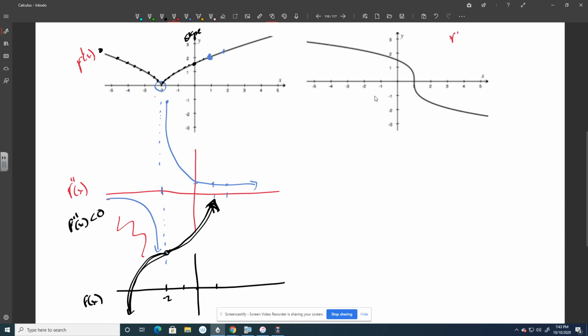Again, this is f prime. So I'm going to go ahead and, I don't know, what should we do? F double prime again. Some of you might like doing it that way. So to go from here to here, I'm taking the slopes of this function and graphing them down here, okay? So right here, something happens.